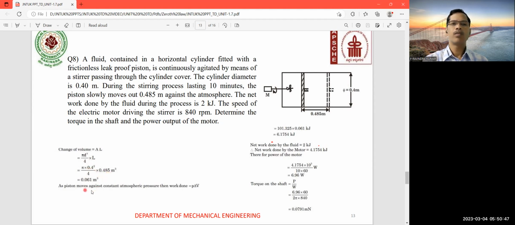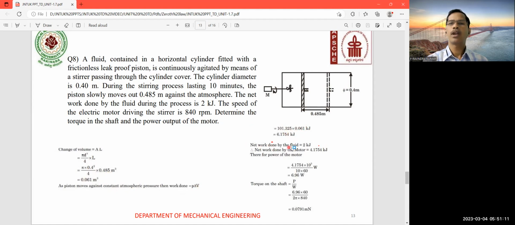As the piston moves against the constant atmospheric pressure, the piston is going to move in the right direction. The work done is P into delta V. We all know that the atmospheric pressure is 101 kilopascal and the change in volume is 0.061. Applying this, finally you will get the work transfer.